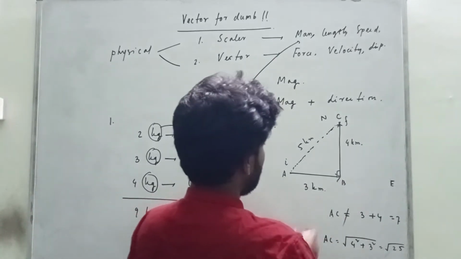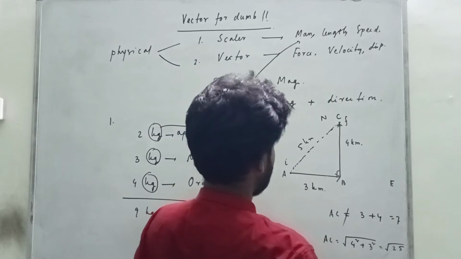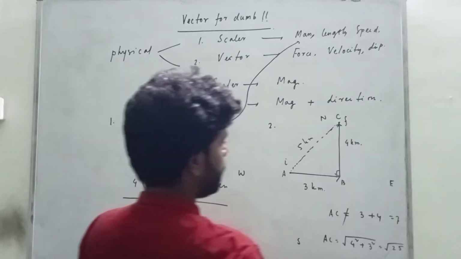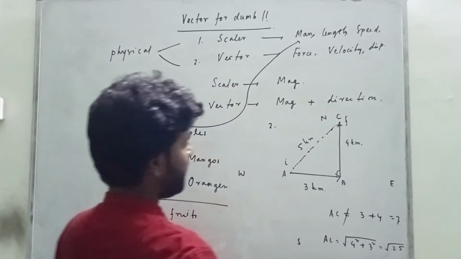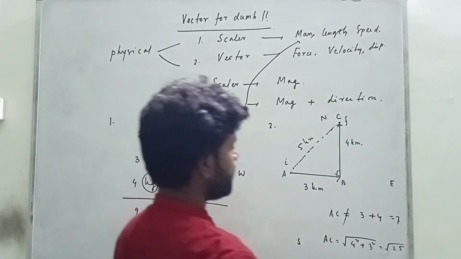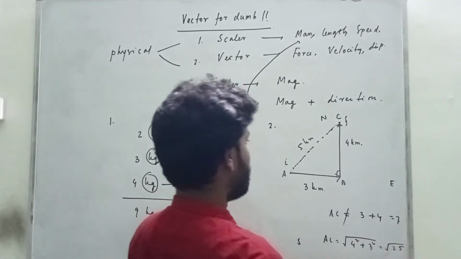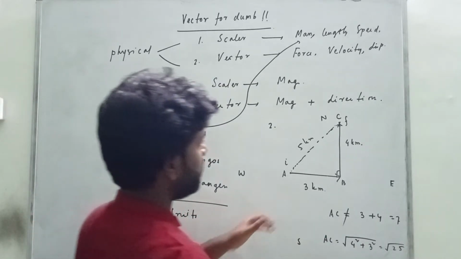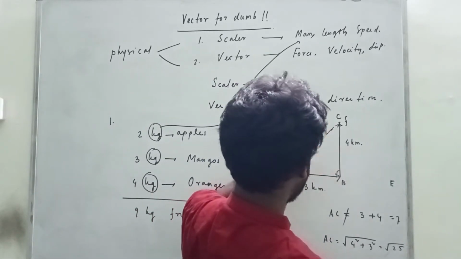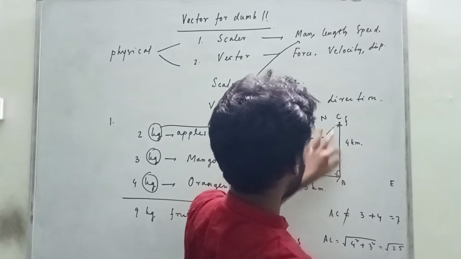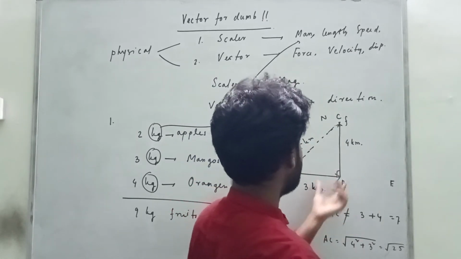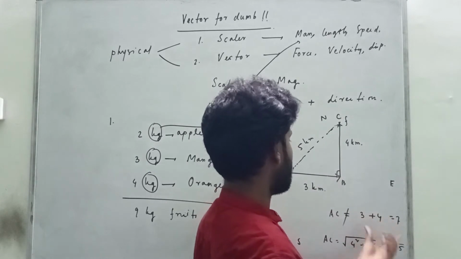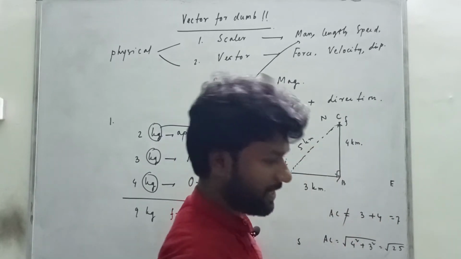So it is a vector quantity. 3 kilometers towards east and 4 kilometers towards north is a vector quantity, and obviously the addition of vector quantities like A to B and B to C is not 7 kilometers. It is 5 kilometers.